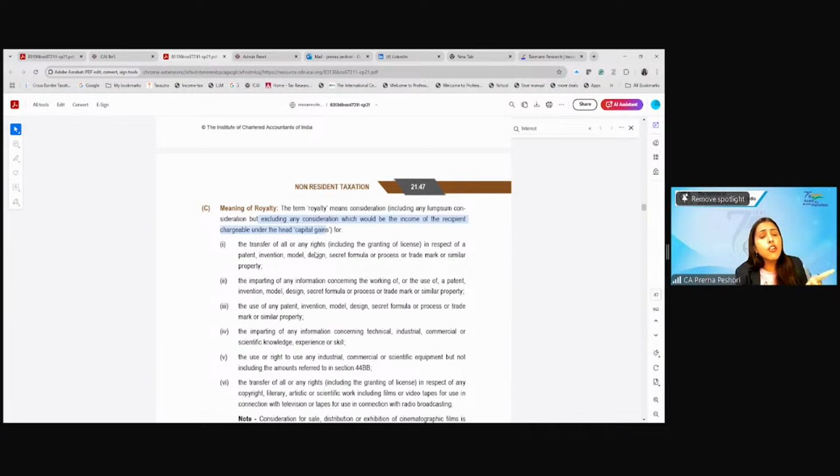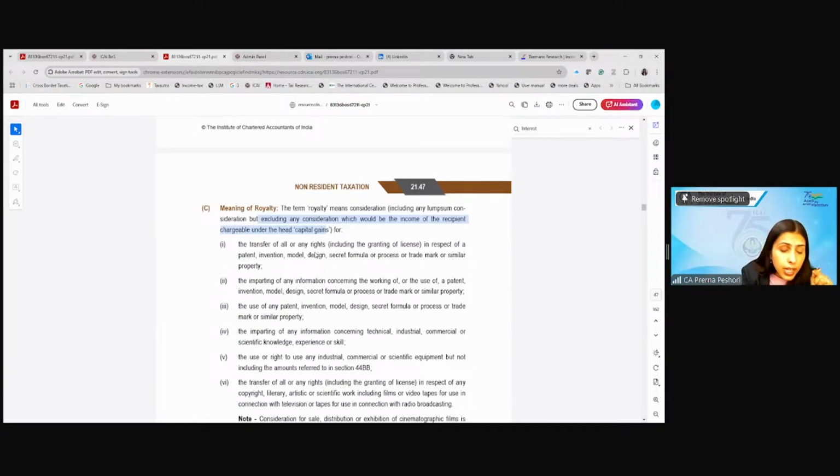And capital gain for a non-resident will be taxable only when? What is the condition for taxing the capital gain? For a non-resident, when will you tax the capital gain? Students, we just now discussed what is the condition for taxing the capital gain for a non-resident.